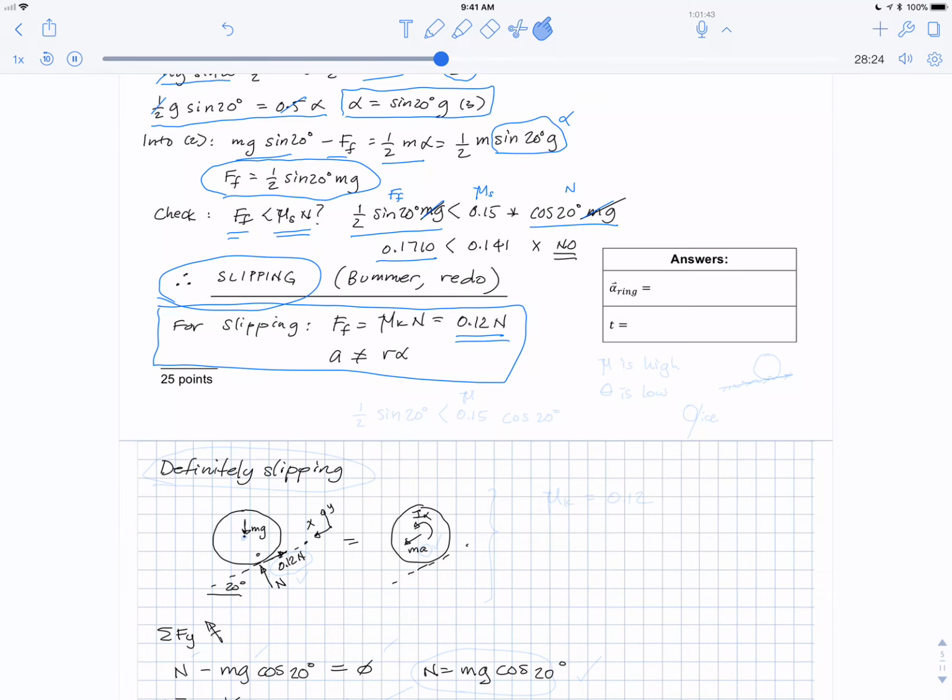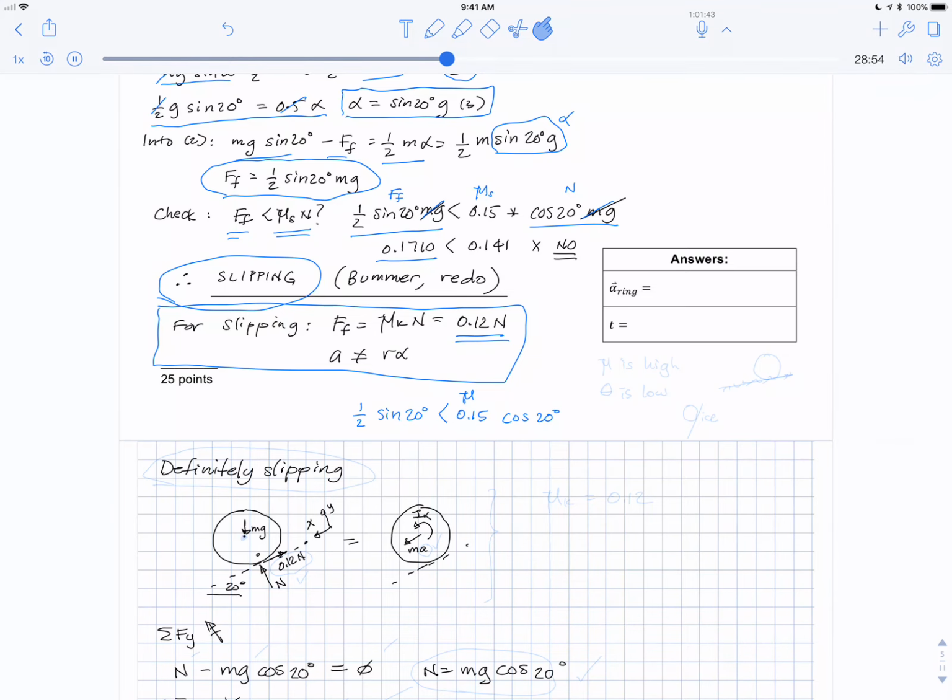slipping, okay, we want the right-hand side. So let me write this thing out again. We have 1/2 sine 20 degrees is less than 0.15 cosine 20 degrees, where that was mu. So when the right-hand side is greater than the left-hand side, it will not slip.